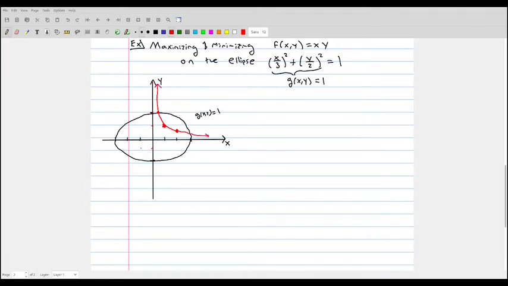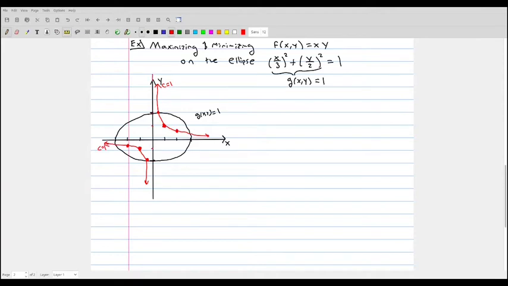We have the same story down here for (-1, -1). So this corresponds to the level curve c equals 1.